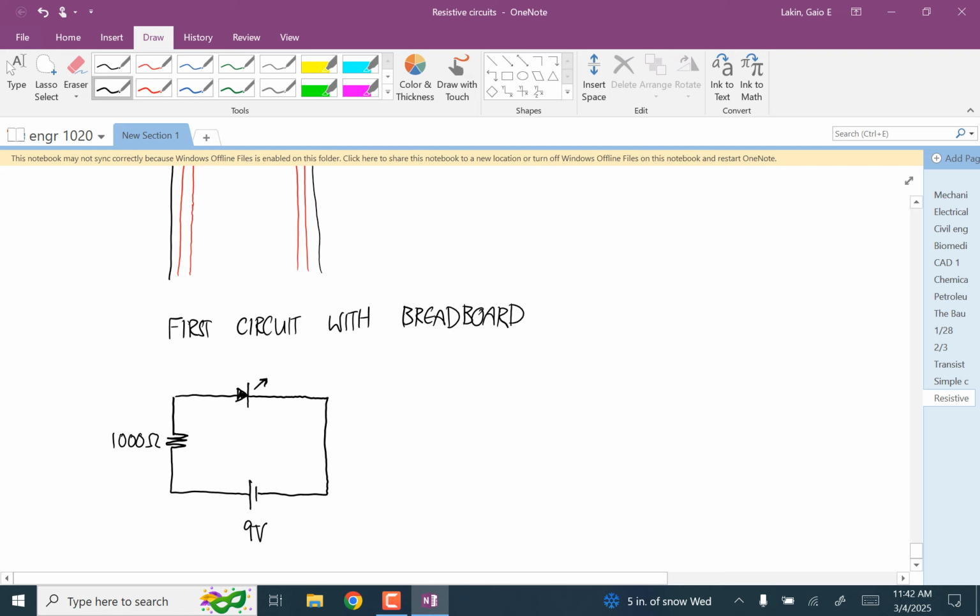And that 9-volt battery is going to turn on that light if we do this right, okay?